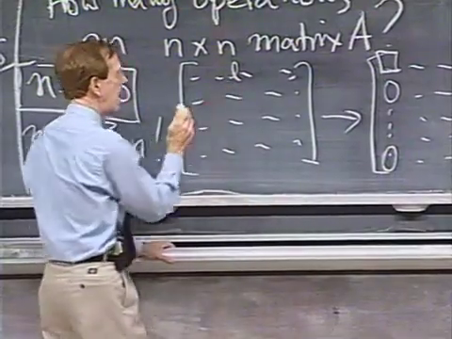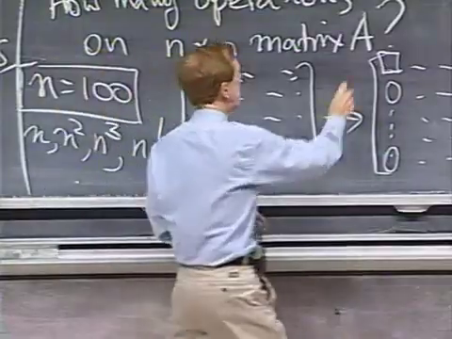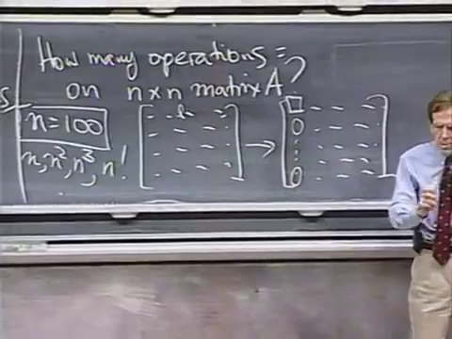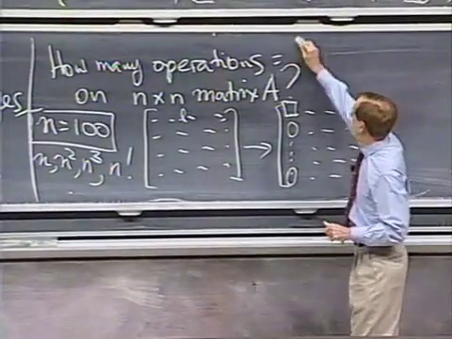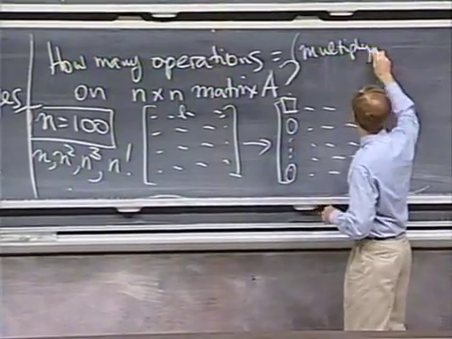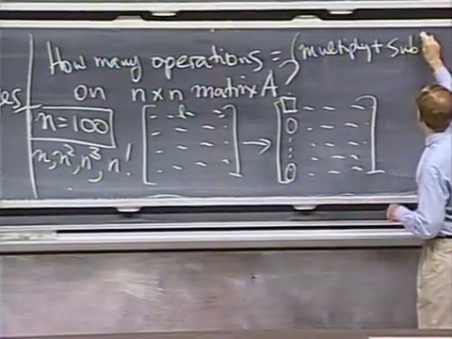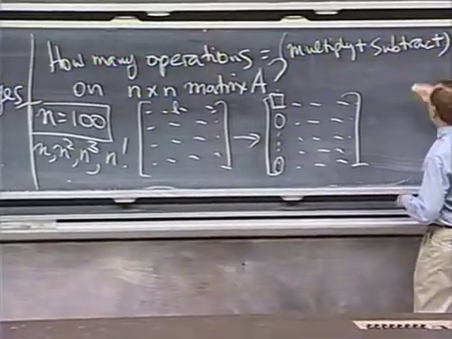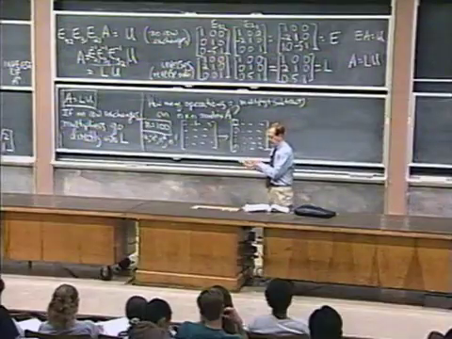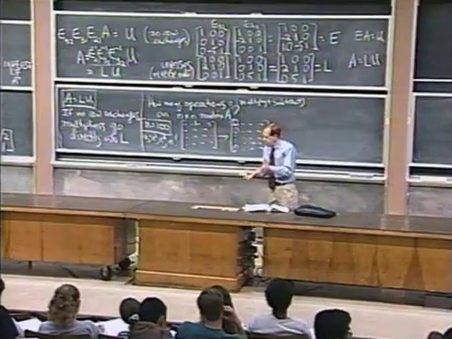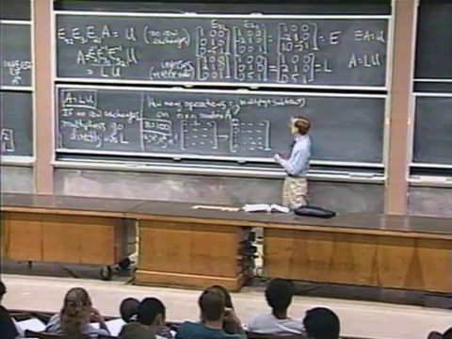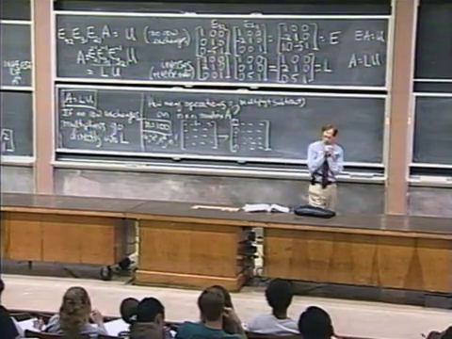So can I count that for the moment as one operation, or you may want to count them separately. The typical operation is a multiply plus a subtract. If I count those together, my answer is going to come out half as many as if I count them separately, where I'd have a certain number of multiplies and a certain number of subtracts. That's really what I want to do.